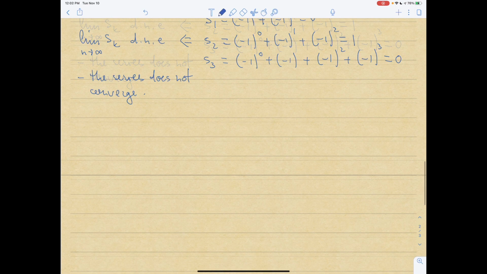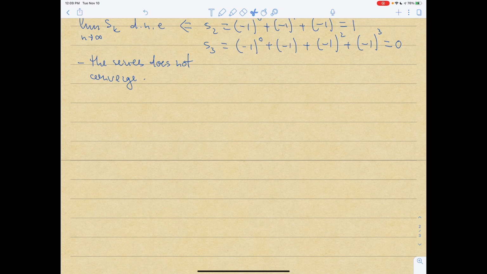So the final example here is that of the harmonic series, and let's talk about it a little bit. This series clearly consists of all positive elements. So if you consider its partial sums, the more terms you add, the larger the partial sum is.